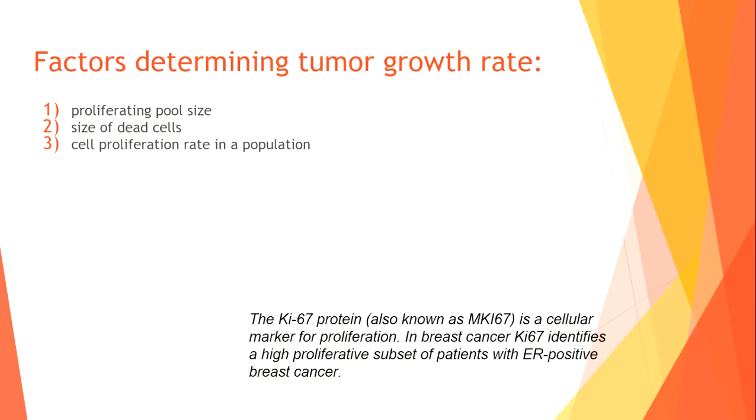So, factors determining tumor growth rate. First is proliferating pool size, second, size of dead cells, and third, cell proliferation rate in a population. If we talk specifically about breast cancer, we have Ki-67 protein, also known as MKI67, a cellular marker for proliferation.